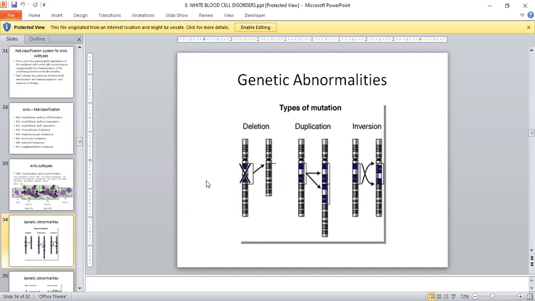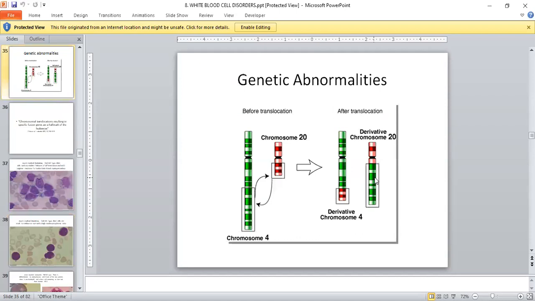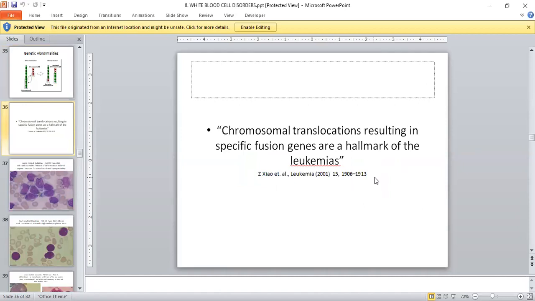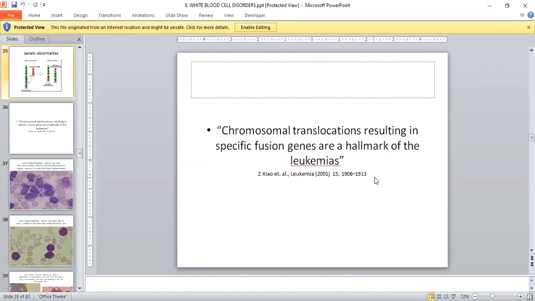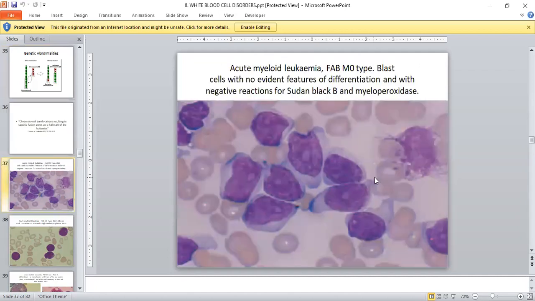So you can either have deletion, which is deletion of some segment of the DNA, duplication, which is just doubling of some section of the DNA, or inversion, where a section is just stamped upside down. Translocation is also another genetic abnormality that is a hallmark for leukemias.